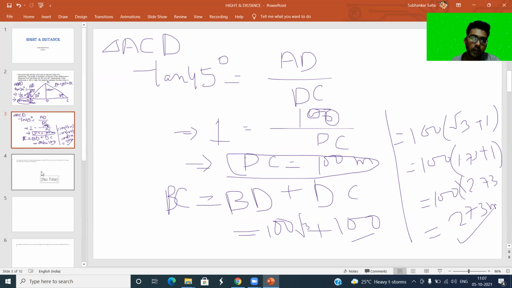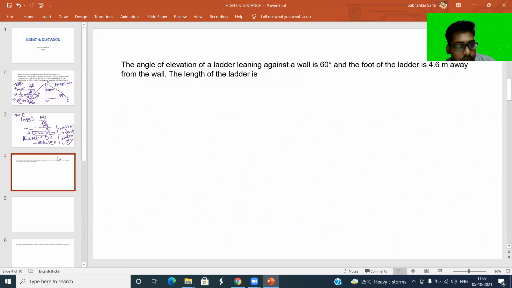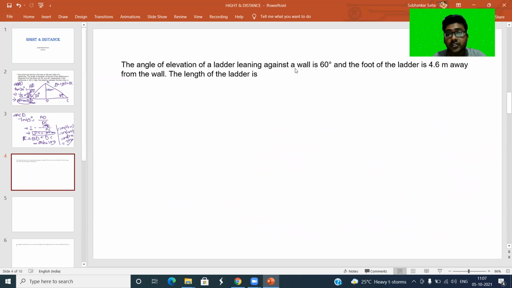Okay, next question. The angle of elevation of a ladder leaning against a wall is 60 degree. It is the wall, and it is the ladder.